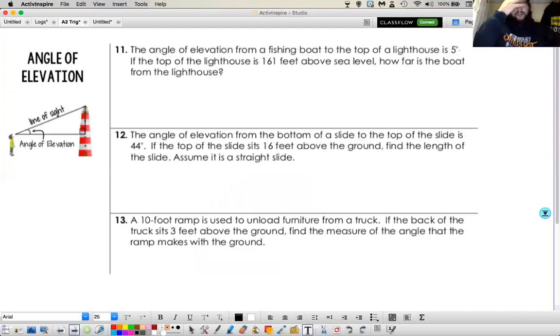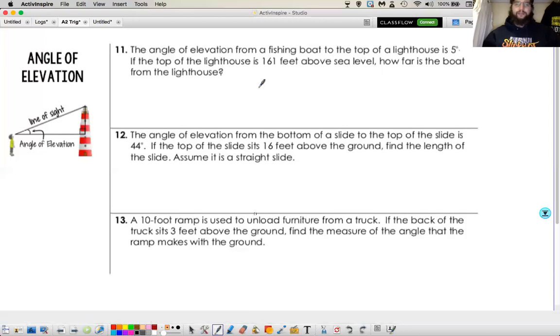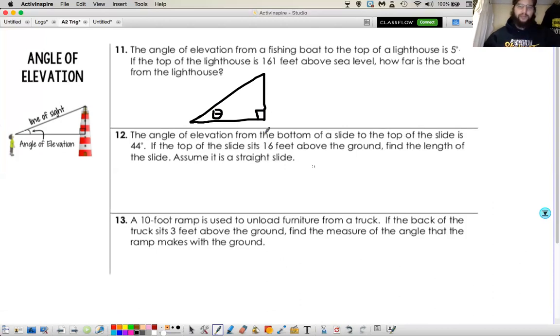So here we got angle of elevation problems. There's a diagram, blah, blah, blah. Sketch it. Angle of elevation, draw like this. No question. There's my angle. That's a 90. Okay. Oh, it tells me this is 5 degrees. Maybe you want to read the problem before you start putting stuff.